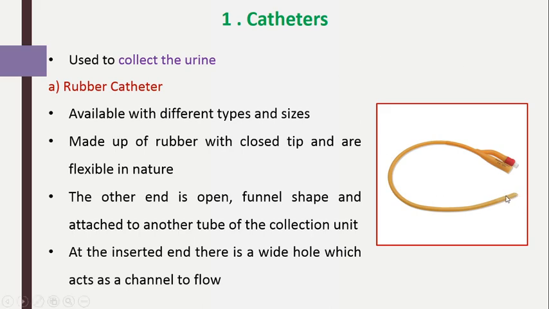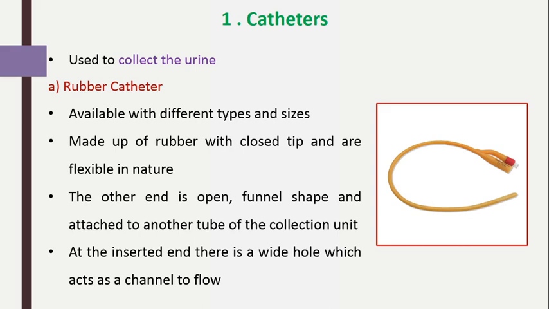You can see in this picture this tip is a closed one, and these are flexible in nature. The other end is open, funnel shaped, and is attached to another tube of the collection unit, directly attached to the urine bag.